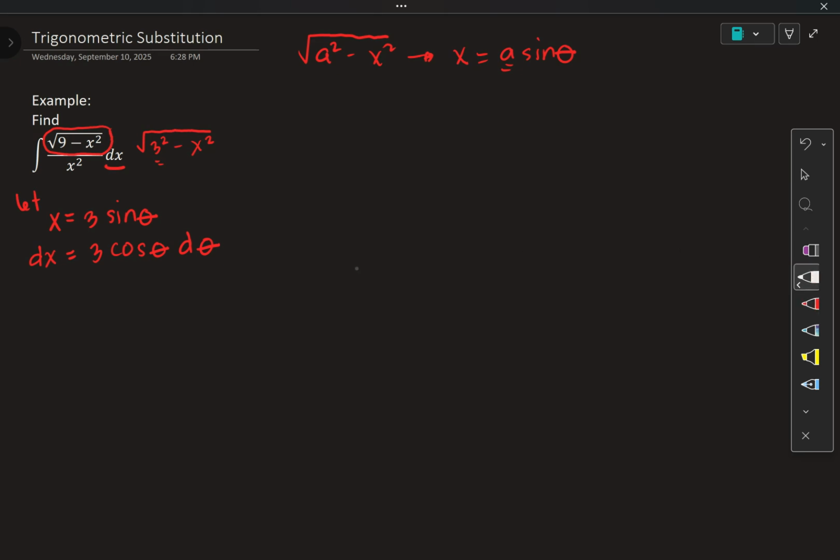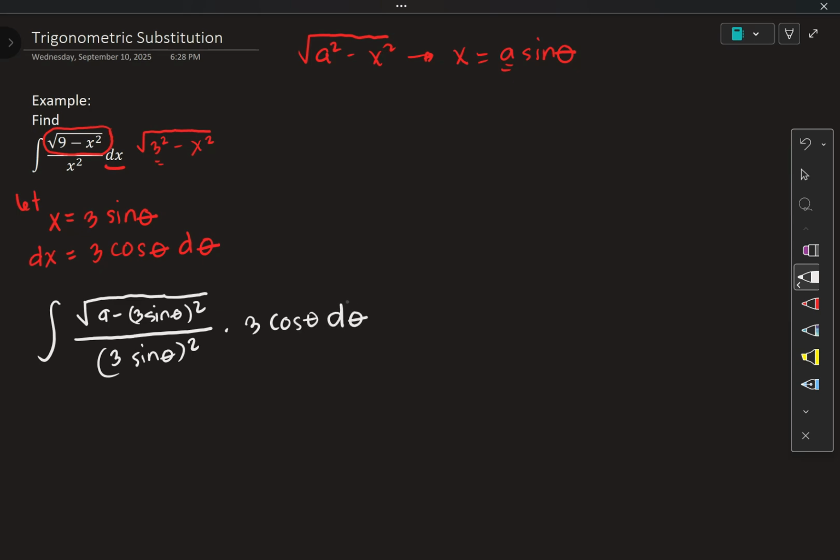So this will become the integral of the square root of 9 minus 3 sine theta squared, divided by x squared, wherein x is equal to 3 sine theta, so 3 sine theta squared, multiplied by dx, which is 3 cosine theta d theta.